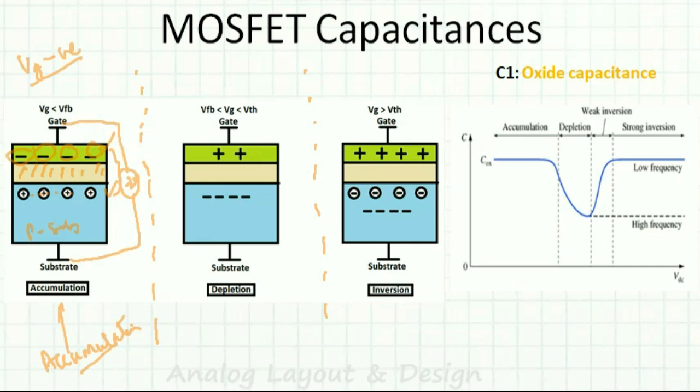The same thing is shown in this graph. This region is negative voltage, and this COX is the value of the oxide capacitance, which is a higher value. It stays there till here. Now I keep reducing this voltage.